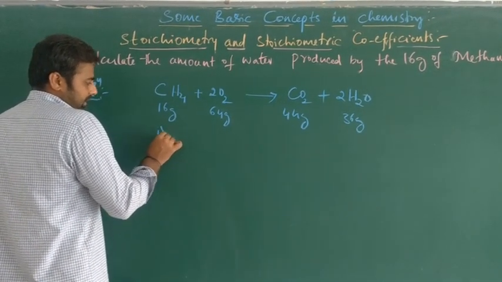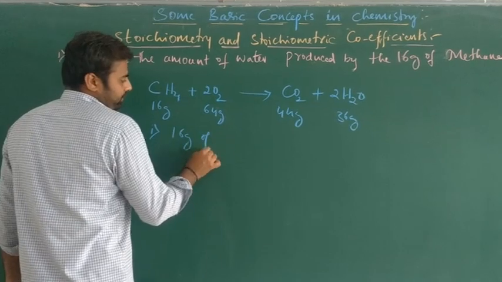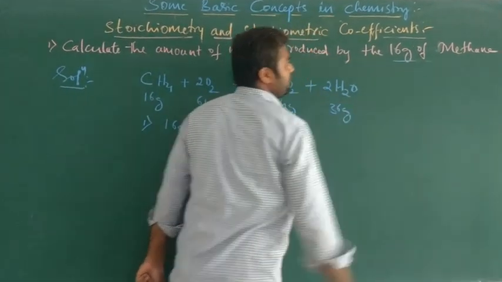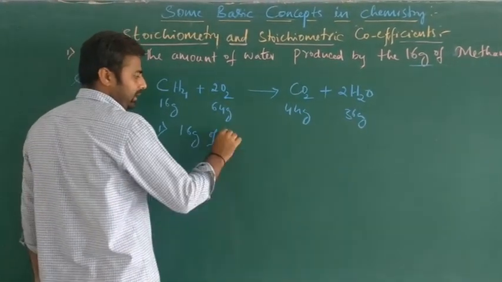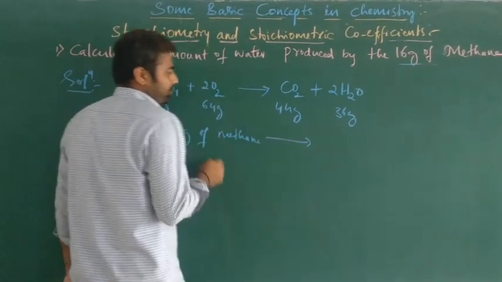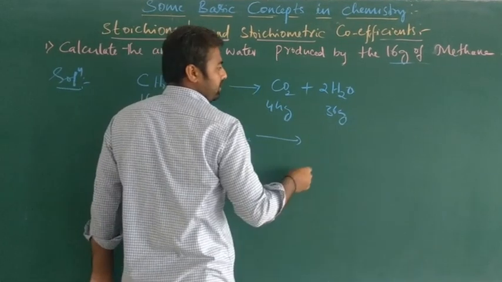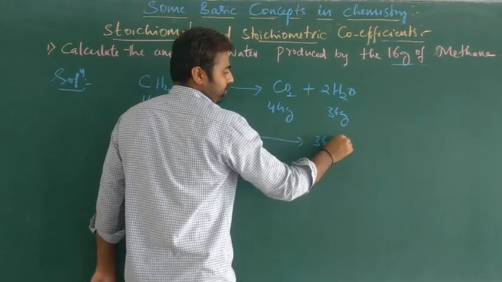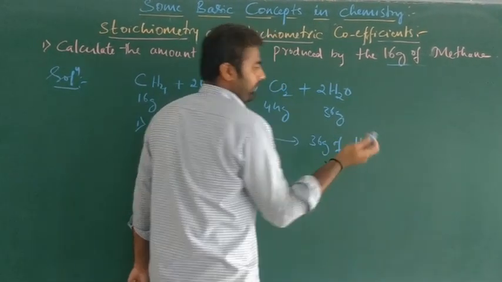The first condition is the 16 gram, what they have given, 16 gram of methane produces 36 gram of water. Very simple.